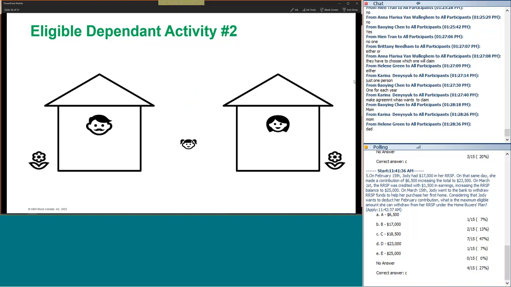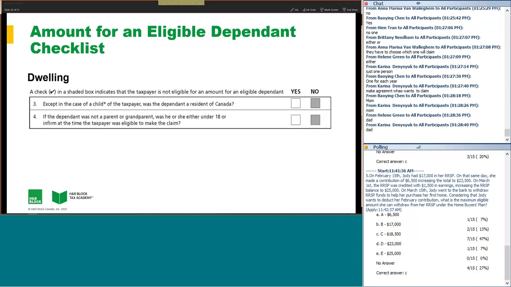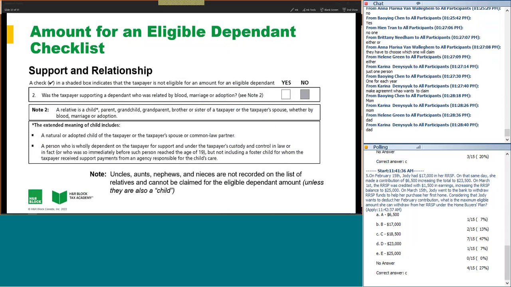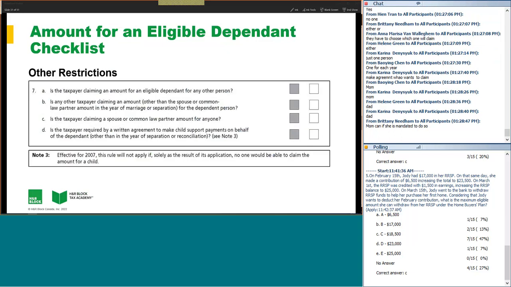Okay, I'm going to go back to my checklist. Children supporting, where did it go? Is the taxpayer required by a written agreement to make child support payments on behalf of the dependent?